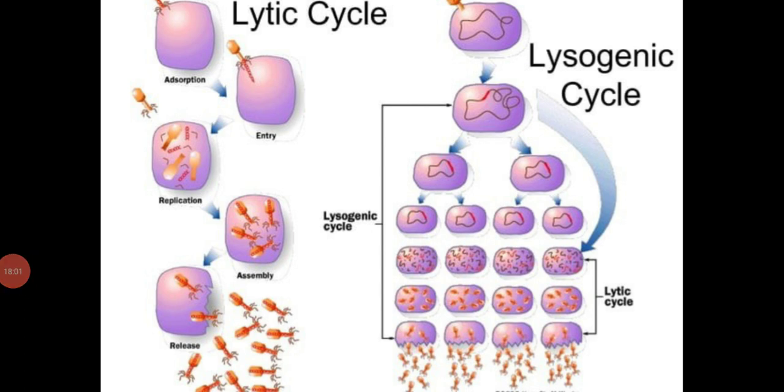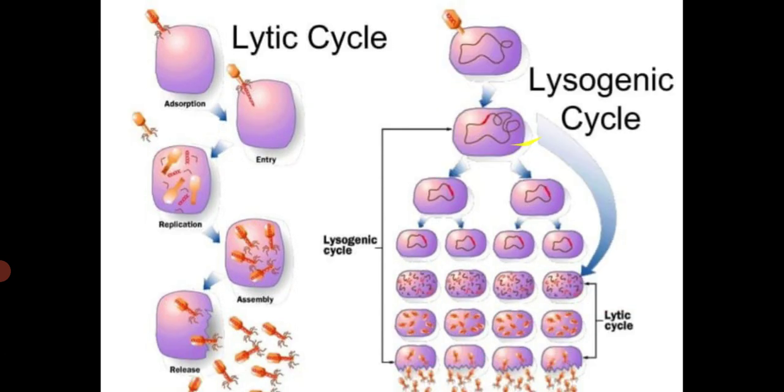In this image, the lysogenic cycle is shown, and in the lysogenic cycle, the viral DNA is integrated into the host cell chromosome, and this cell reproduces, dividing into two daughter cells, and each daughter cell's DNA has the viral DNA from the infection.